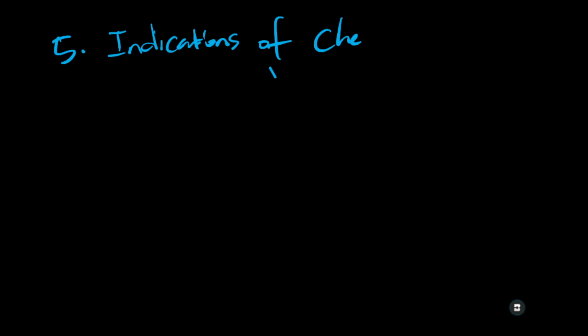After that, we have indications of chemical reactions. So what are the 5 indicators of chemical reactions? Remember, actually there's 6. We did 2 labs on this. There are different parts to it.